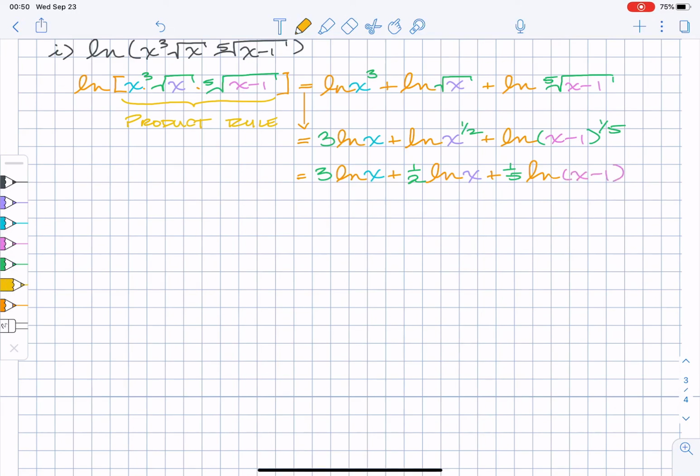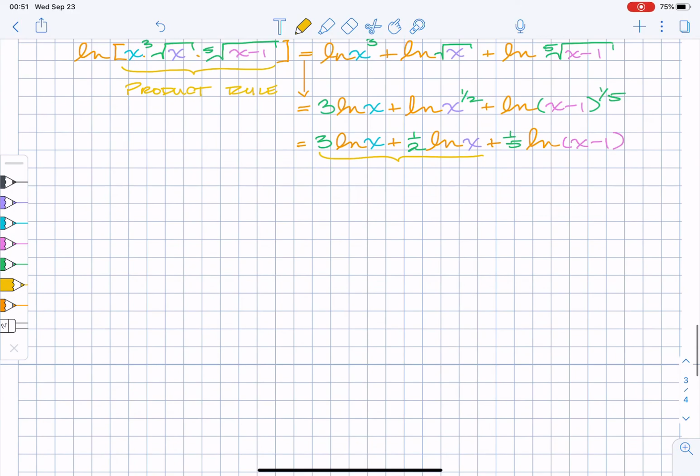Now notice I can combine these two because they both are natural log of x's. So since their arguments are equivalent, do you agree that 3 is equivalent to 6/2? So adding 1 would be 7/2.